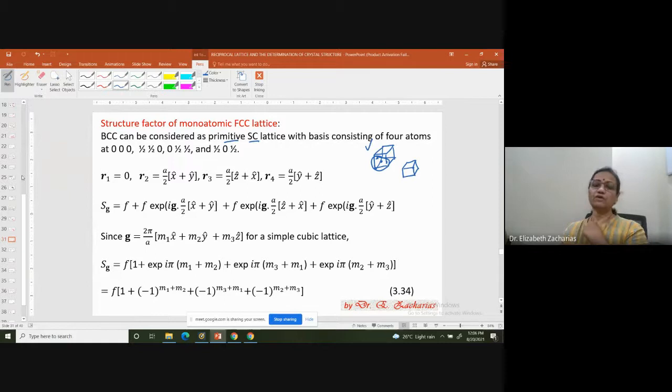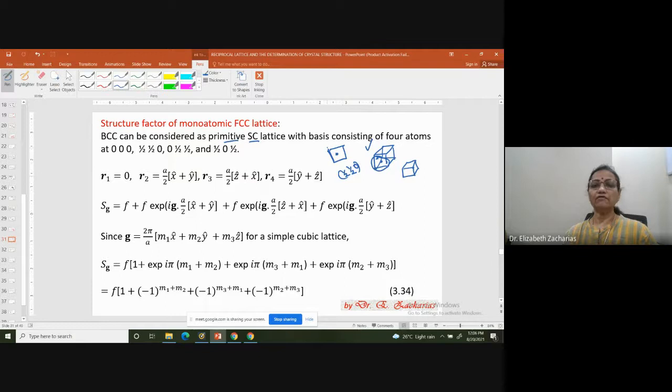And where are the 4 atoms located? One is located at the corner, let's call that 000. Then another is located at the center of one of the nearest faces. Center of a face means it is on a plane, therefore you can take one of the coordinates as 0, the others will be half and half.